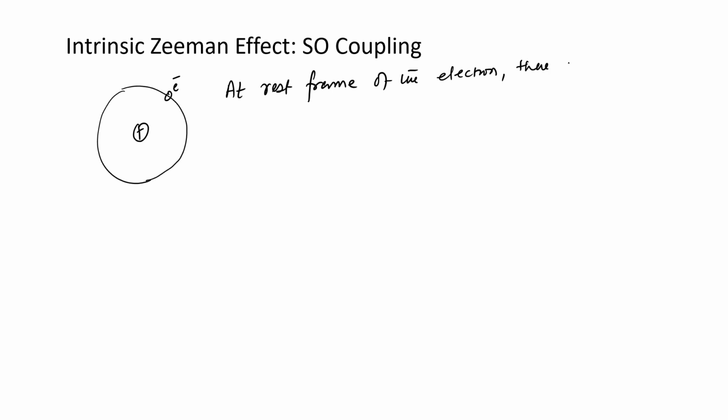There is a magnetic field due to a charge which is nothing but coming from the proton that is moving in its vicinity.